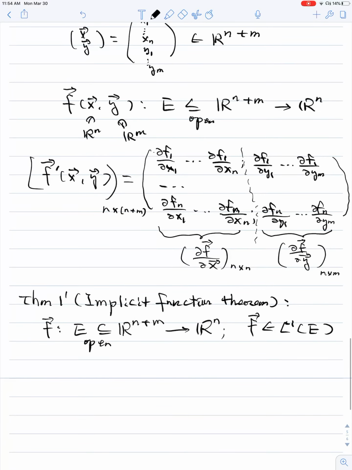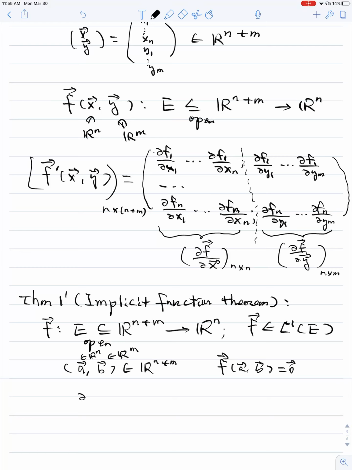We assume (a, b) is a vector in R^(n+m), where the first component a is in Rn and the second component b is in Rm, and f(a, b) equals 0.